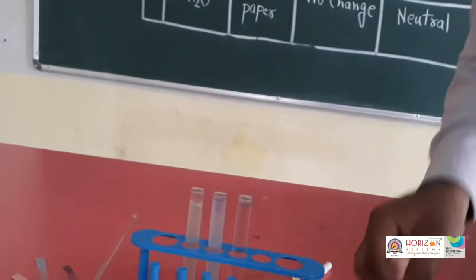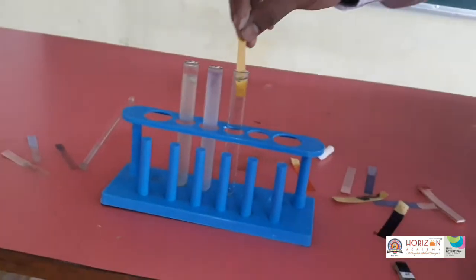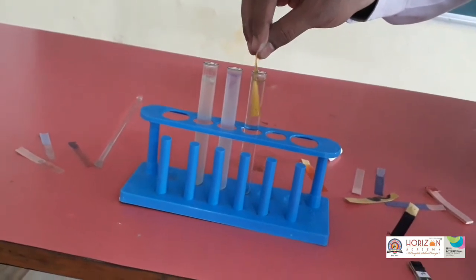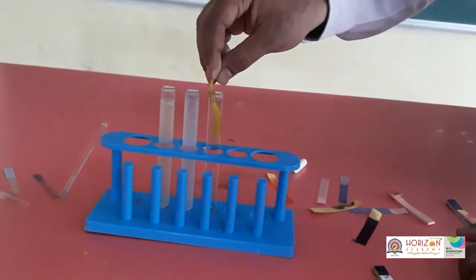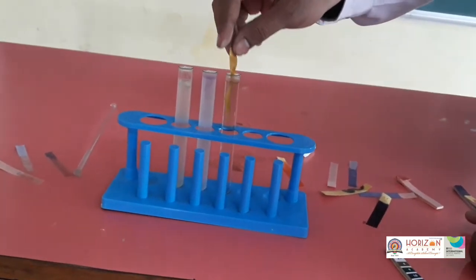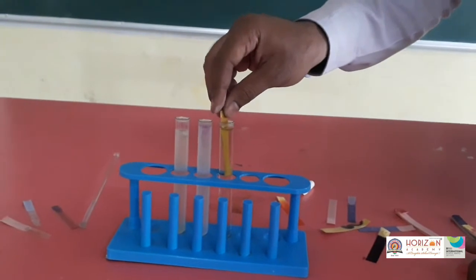Now the last one is water. So water is neither acidic nor basic. Water is a neutral substance and neutral substances have pH value 7 to 8.